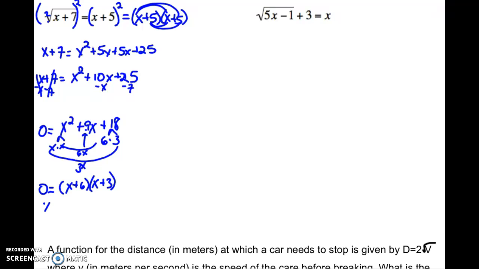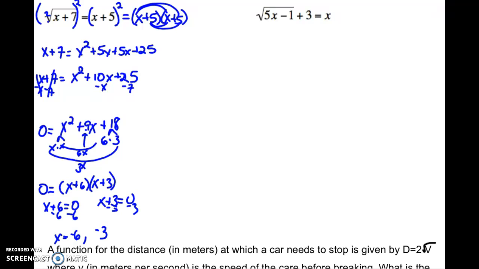So if we set each part equal to 0, x plus 6 equals 0, and x plus 3 equals 0, and then solve both of those. We get negative 6, and we get negative 3.